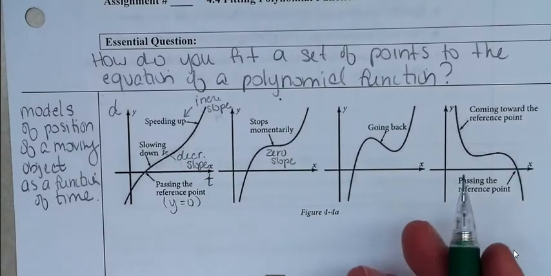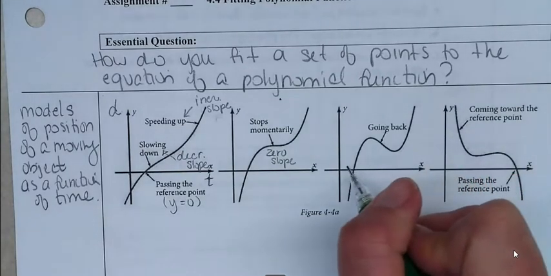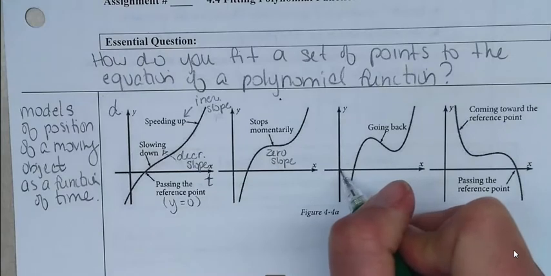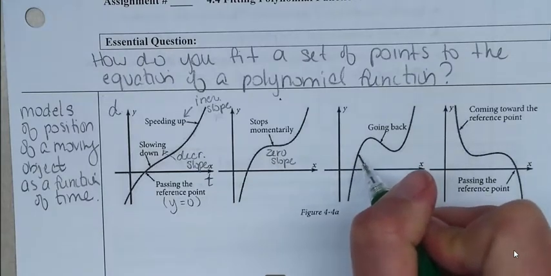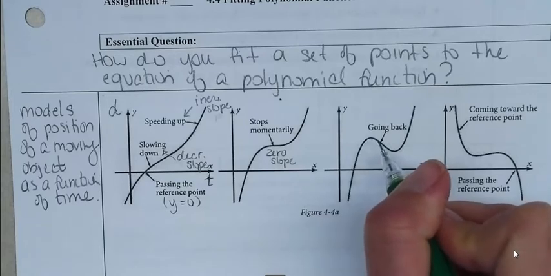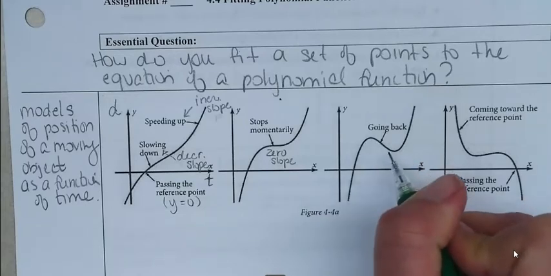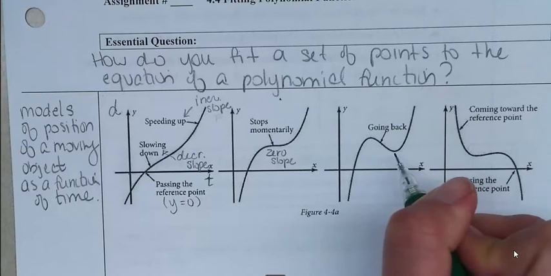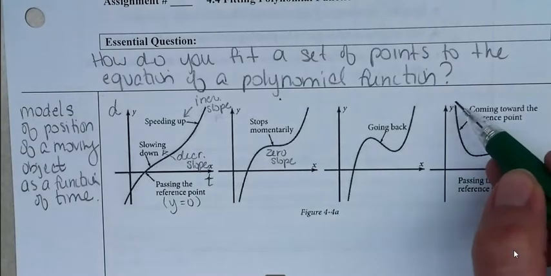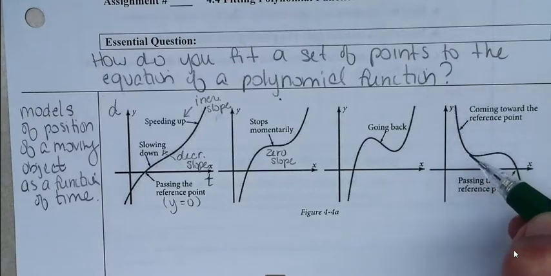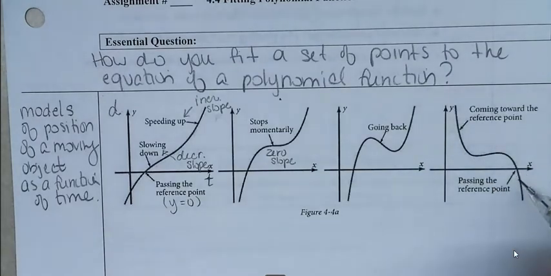Now, if you think of your reference point as when y is 0, on this one we've gone away from that reference point, and now we're heading back. So this is where you actually have a negative slope. And then what if we start away from that reference point and get closer and closer until we pass it?